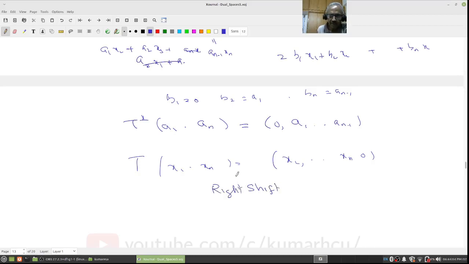This is a right shift, whereas this is a left shift. Okay, I have a1 to an and I put 0 and then put that.